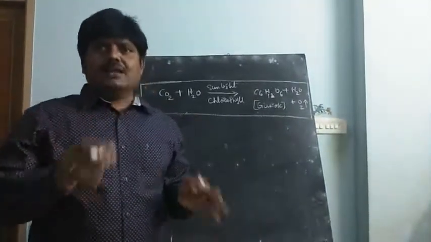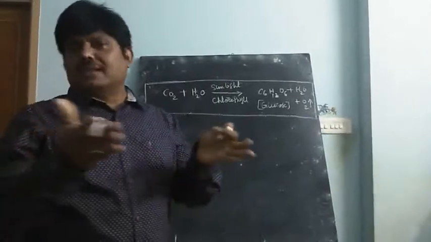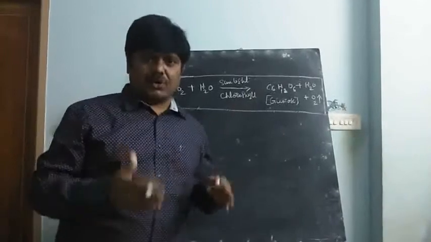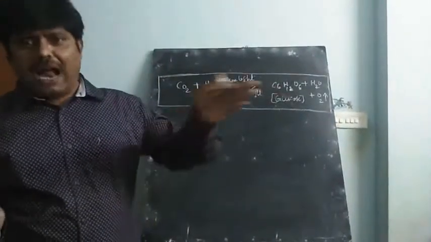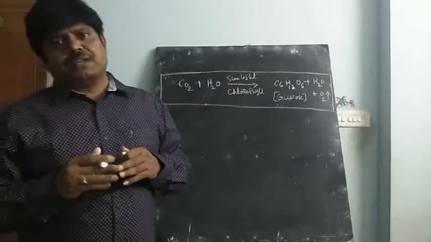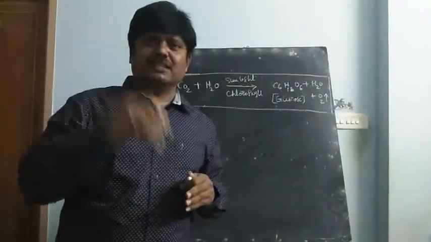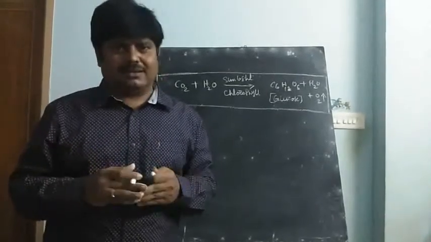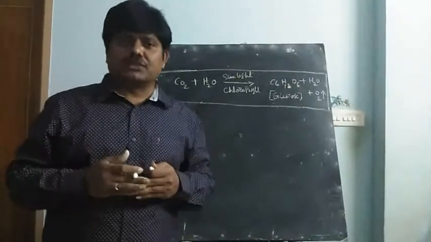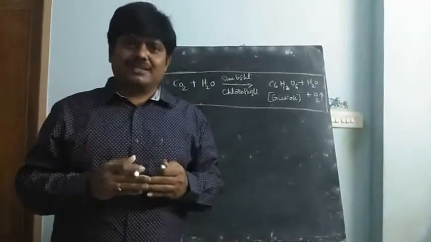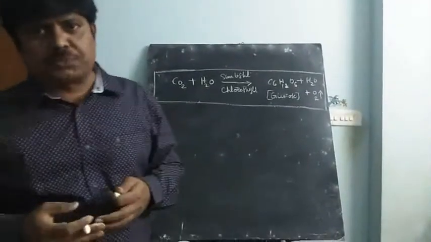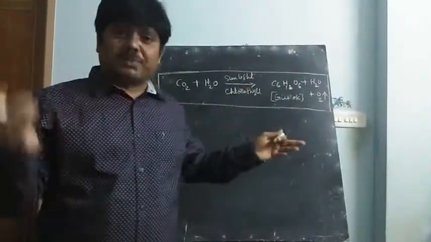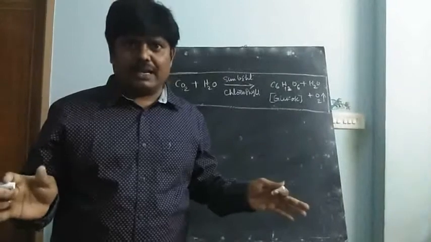The food factory of the plant is the leaf. Glucose, carbohydrates, finally change into starch and are stored in the leaf. So when starch is present in the leaf, it confirms that photosynthetic activity has occurred. How can we prove that? With the help of one experiment we will prove that starch is present in the leaf. Clear or not?